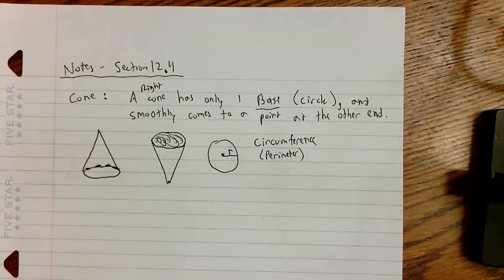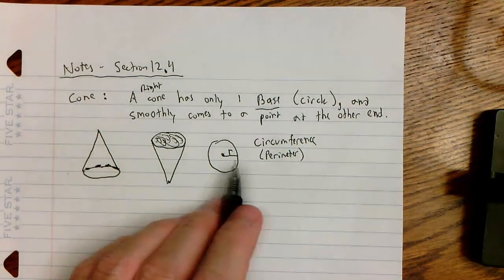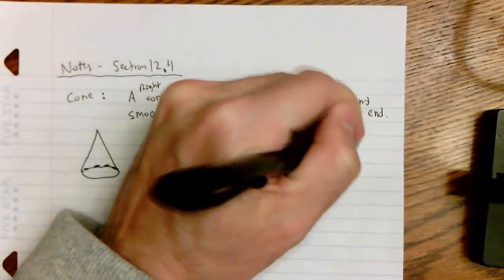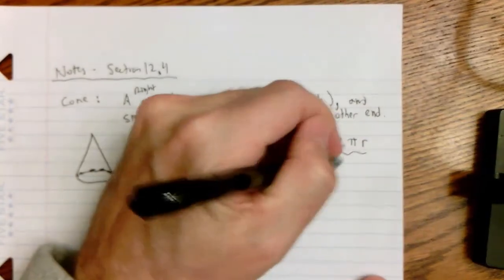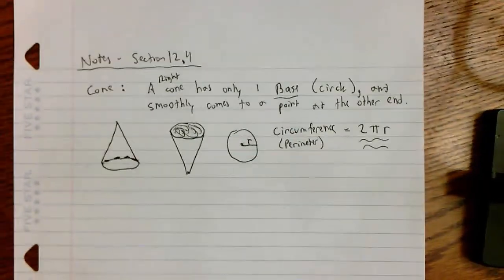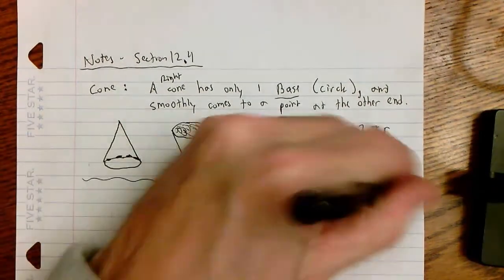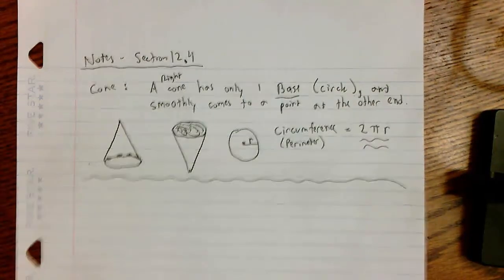Now, that's a good thing to know sometimes, but in our case, we really just want to know the radius. And so what you're going to need to know is the formula for the circumference of a circle. And that formula is 2 times pi times the radius. And I will show you in a little bit how we're going to use that to help us get the radius. Alright, so that's number 1. We have the definition of a cone, and we have the formula for the circumference.